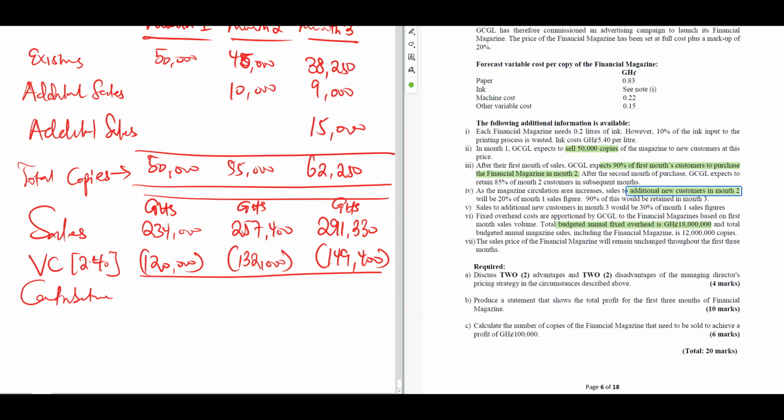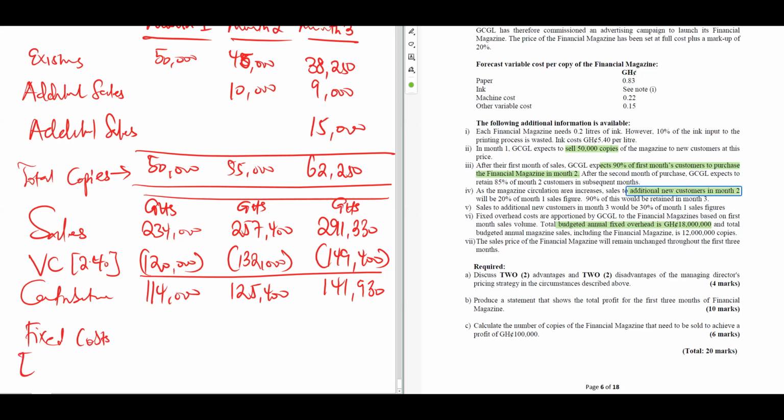So we have 234,000 minus 120,000, that's 114,000. 257,400 minus 132,000, you have 125,400. 291,330 minus 149,400, that's 141,930.